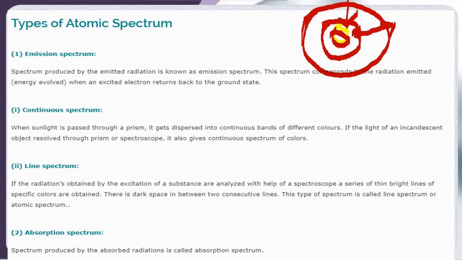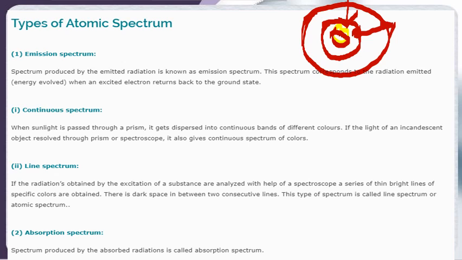So this is termed as an emission spectra. The emission spectra is formed when the electron jumps from a higher energy level to a lower energy level, so that it will emit an amount of radiation. Where it has emitted the radiation, there will be a brightness generated, or a spectral line will be produced in the spectra.